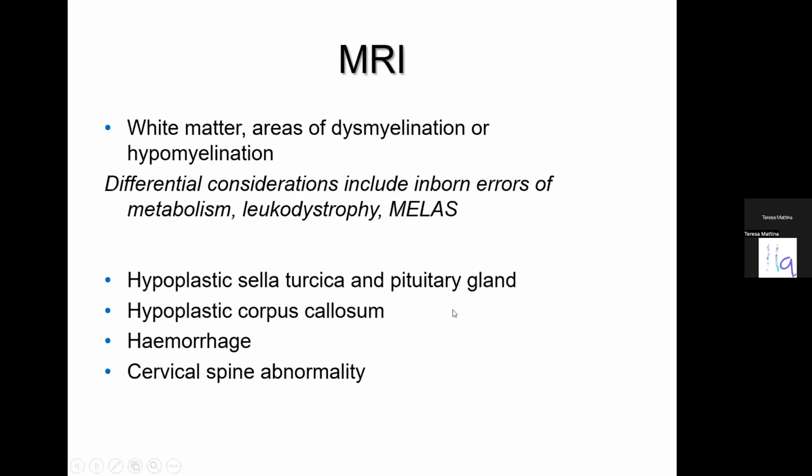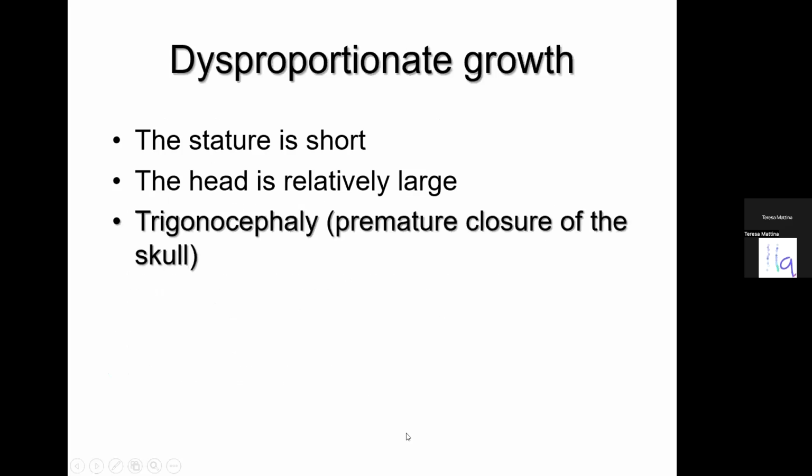Hypoplastic sella turcica and small pituitary gland, hypoplastic corpus callosum, bleeding, and bone anomalies, among which cervical spine abnormality. There is a disproportional growth. The children are usually short, the head is relatively large. Some patients have trigonocephaly due to premature closure of some of the fontanelles of the skull.